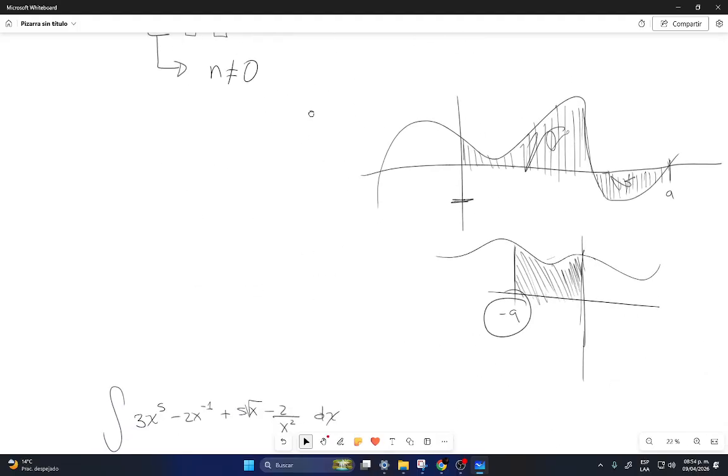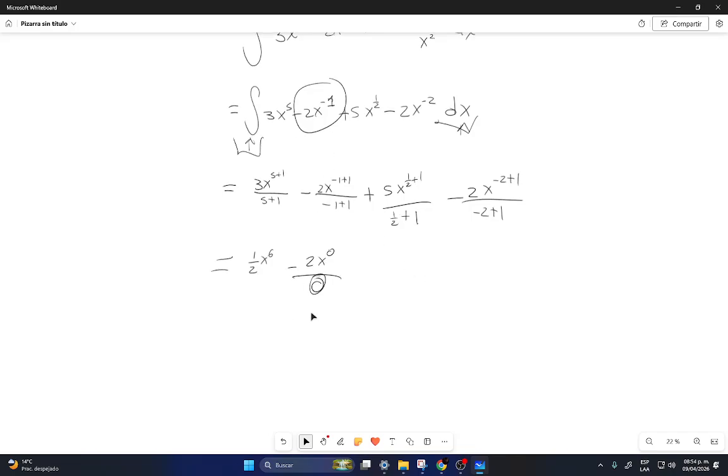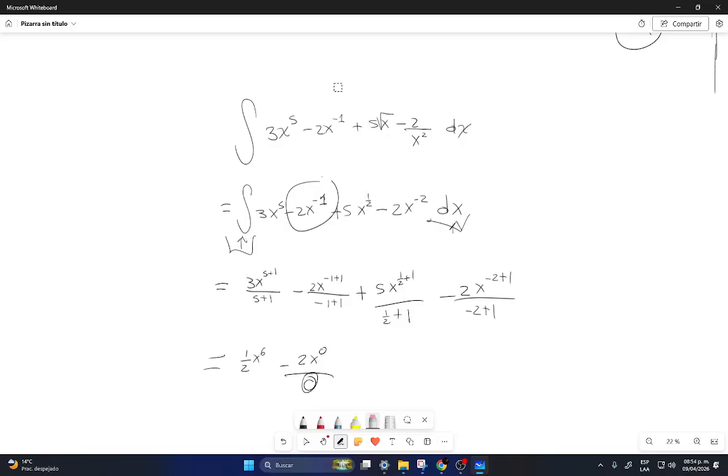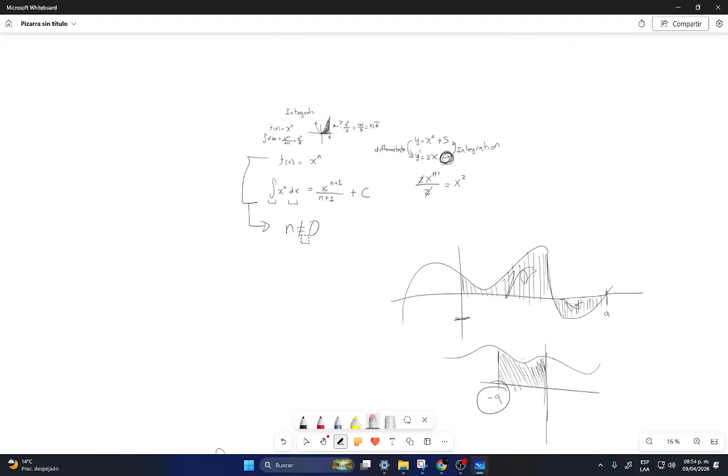Okay, but then what are we going to do with this example that I just created on the go? Let's fix it. Let's make it a possible example and let's change it. I need to make an exception here: the exception is when n is negative 1.